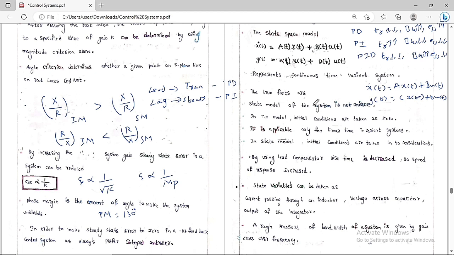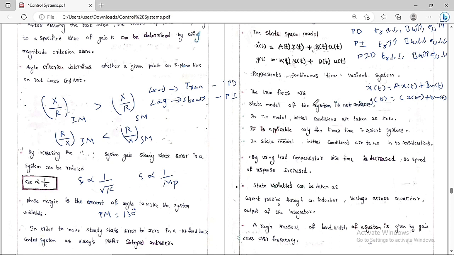So listen carefully. Let me tell you the difference between the transfer function model and the state space model. In the case of the transfer function model, initial conditions are assumed as 0, and it is applicable only for LTI systems, linear time invariant systems only.